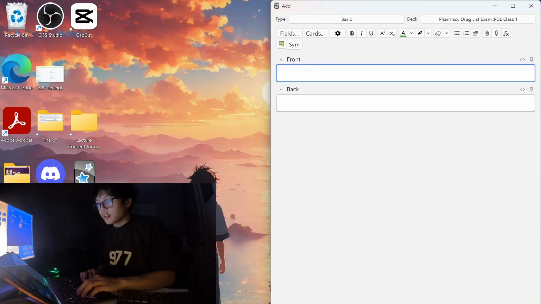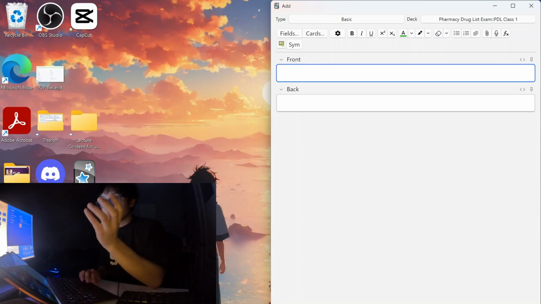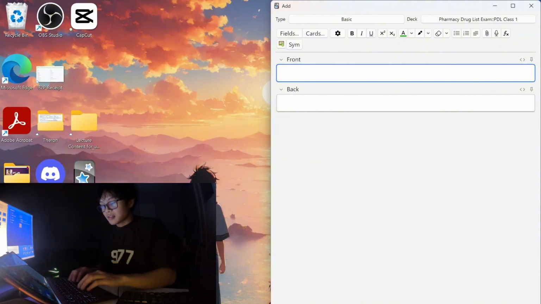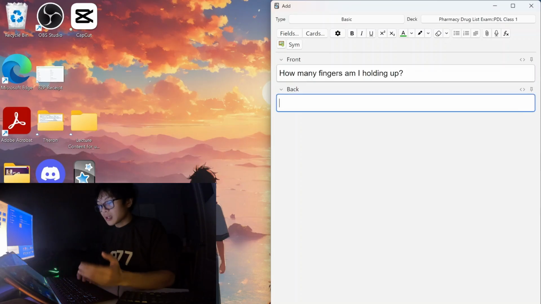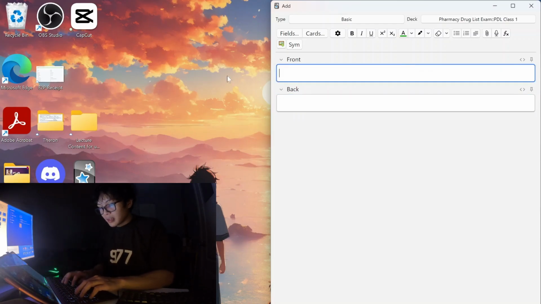Okay, and so the front side of the card is the question. Usually it will be the question that you want to test yourself on. So say for example, how many fingers am I holding up? That's the question portion of the flashcard, and then the answer is on the back. Say for example, 5, right?